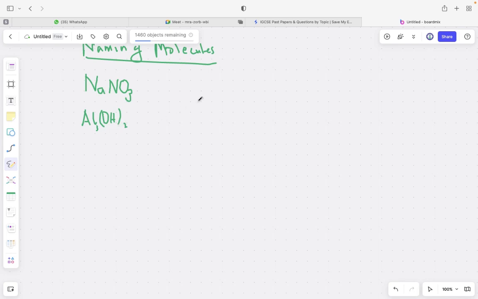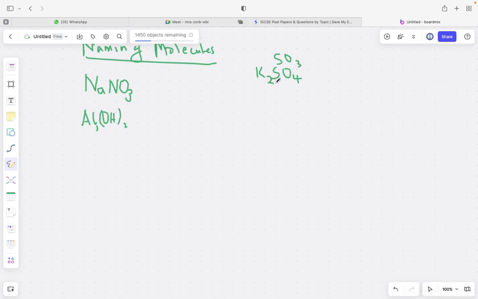You know how to write nitrate, sulfate. Sulfate is SO4. Sulfite is SO3. If they say potassium sulfate, potassium is K, so there's potassium there, there's sulfur there, there's oxygen there, right?